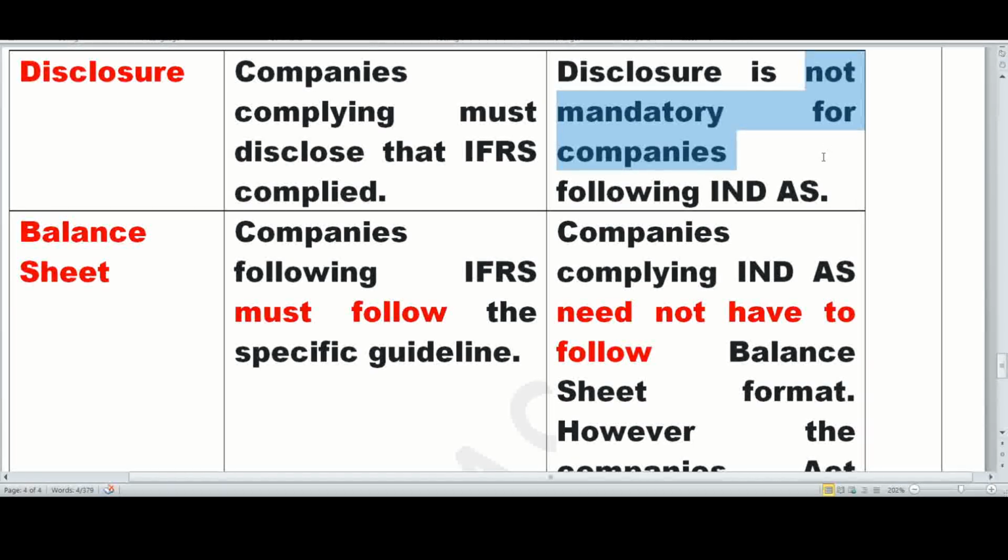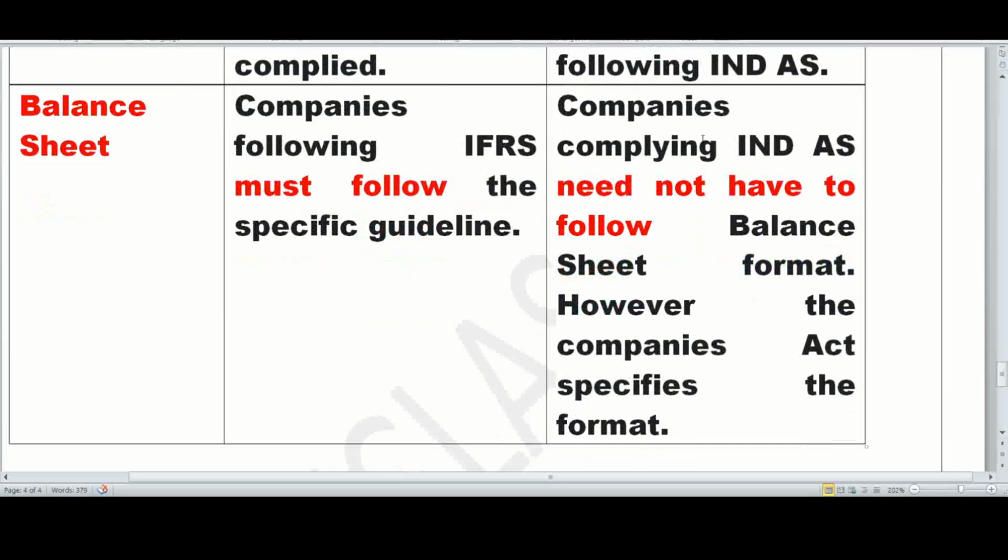It is not mandatory to disclose that companies are following Ind AS. So disclosure is not mandatory if they are following Ind AS, but in case of IFRS, if the company is following IFRS, then they have to disclose it. It is mandatory.